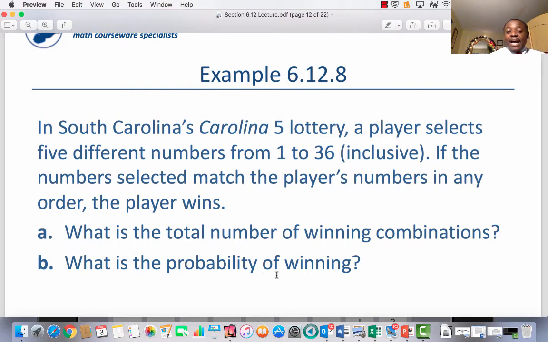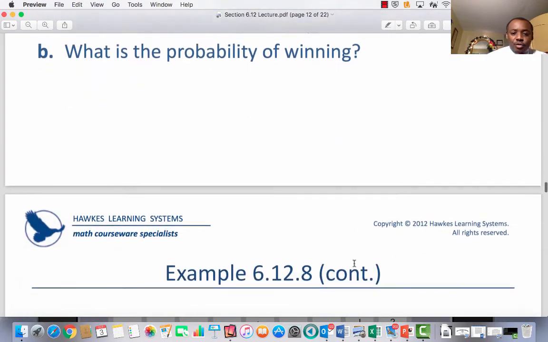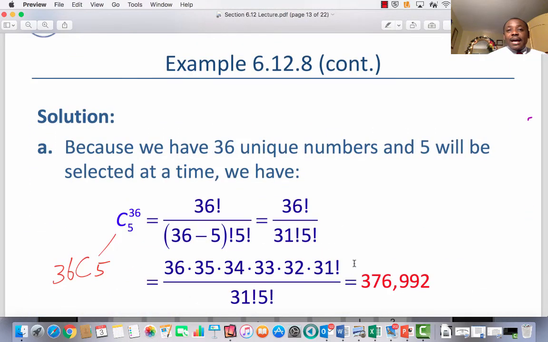If I can find how many possible combinations there are, then the probability of winning is just 1 divided by the total number of elements in the sample space, which will be the total number of winning combinations. Okay, solution. And it's very easy. Once you realize that you are not in the sphere of the fundamental counting rule, and how do you realize that?